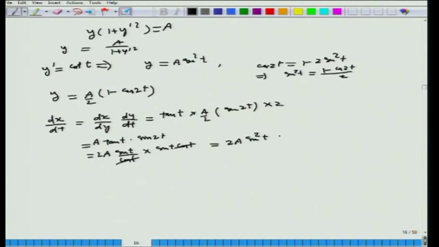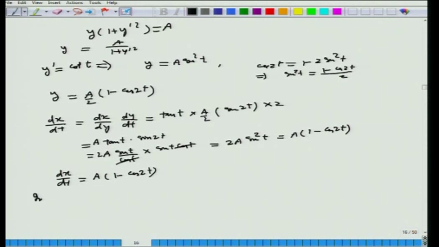So, then writing this as again a and 2 sin square t as 1 minus, because sin square t is written here, 2 sin square t as 1 minus cos 2t. So, we get dx by dt as a times 1 minus cos 2t.